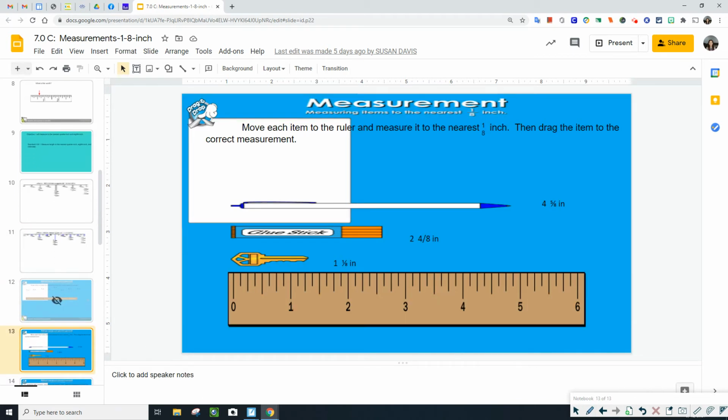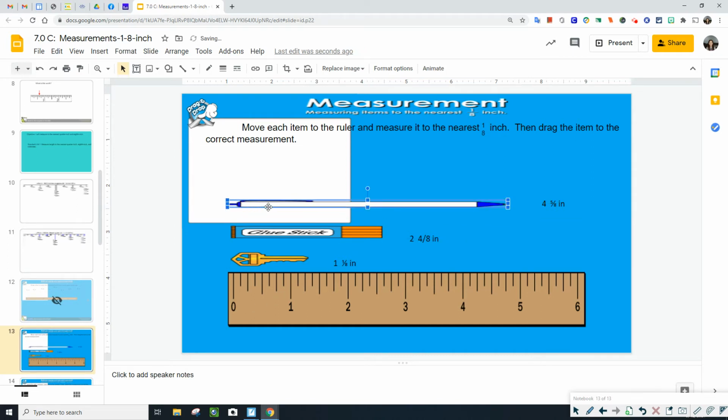So let's look down here. On this ruler, you're going to have some skills to do where you're measuring out to the eighth. We're going to move each item to the ruler and measure it to the nearest 1/8 of an inch, dragging the item to the correct measurement. If I'm going to do that, I have to make sure that it is lined up exactly with the 0.